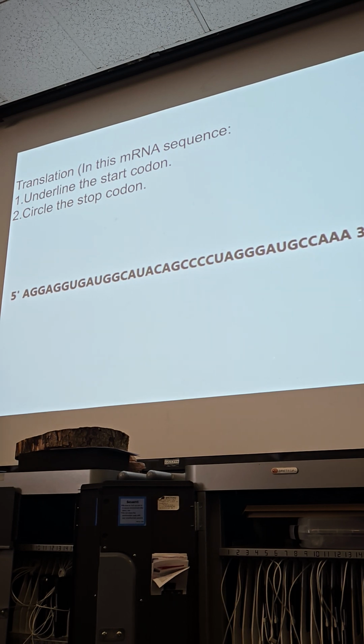Codon tables. For those that haven't seen those before, you just start with, like, if I want A, C, G. So we start with A, then we go to C, and then you find the G. UAC is tyrosine or whatever it is.